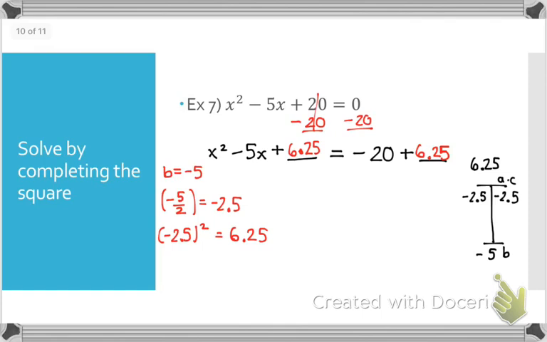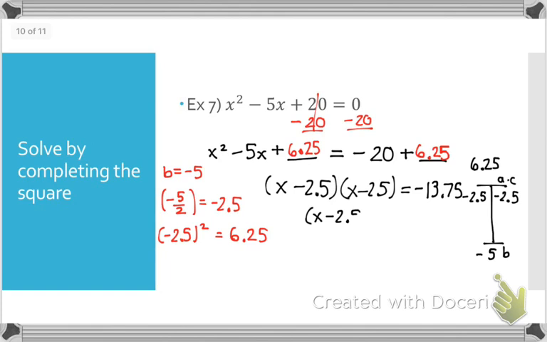So we got x minus 2.5 times x minus 2.5 is equal to negative 13.75. So now we got x minus 2.5 squared is equal to negative 13.75. We want to solve this.